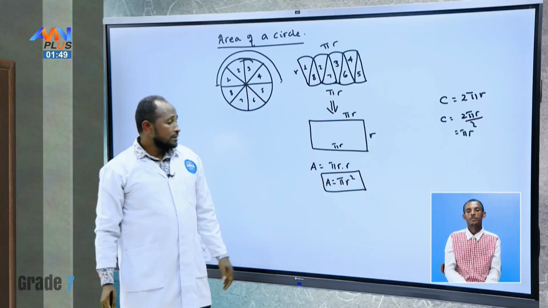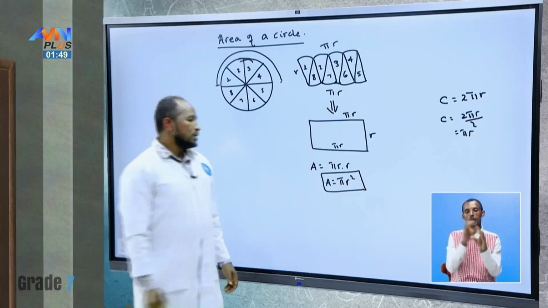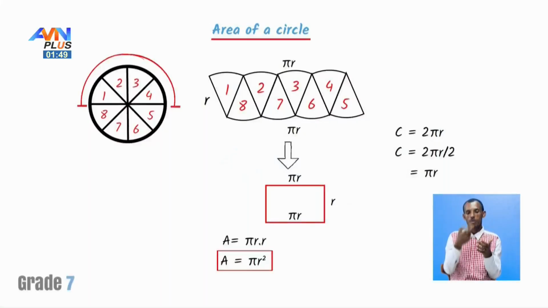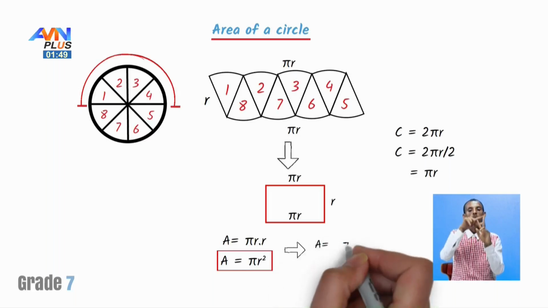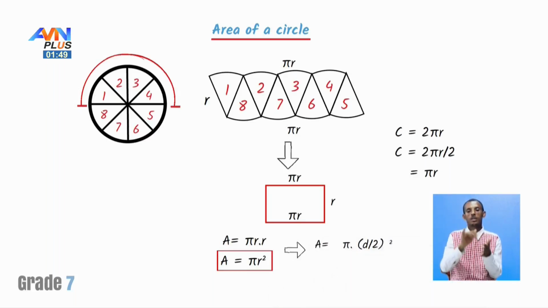We can even rewrite this equation using the diameter. How? Look, area is equal to pi times, we know that the radius is half of the diameter, d over 2. So I can write d over 2, the whole squared.